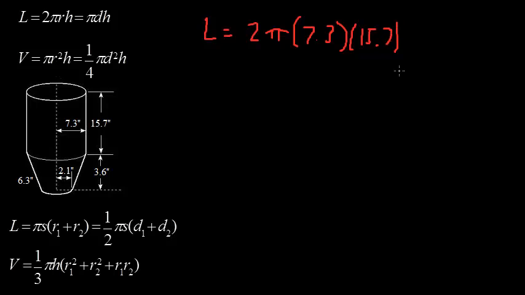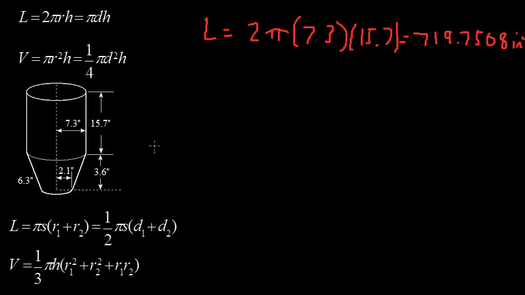If I use 3.14 for pi, I get 719.7508. And this is surface area, so I have inches squared. So this is the lateral surface area of the cylinder.